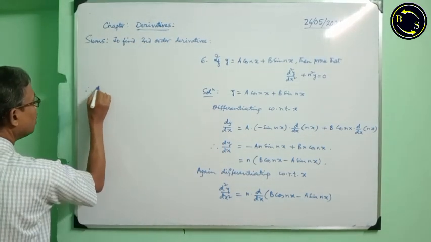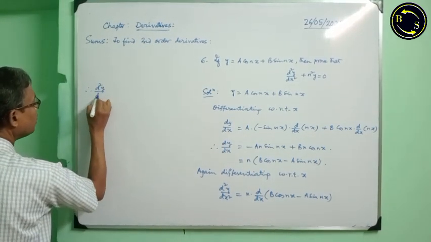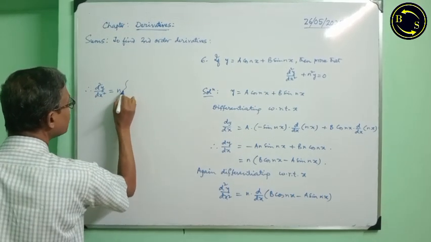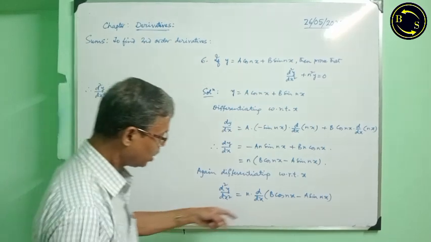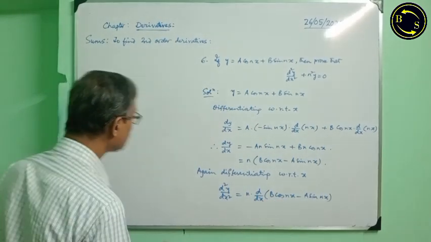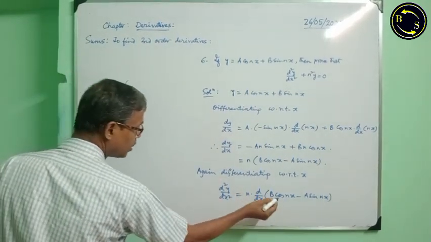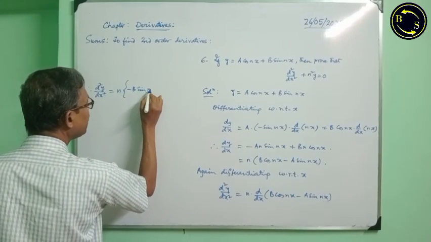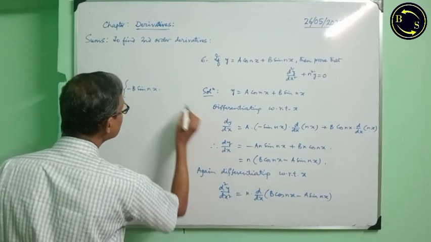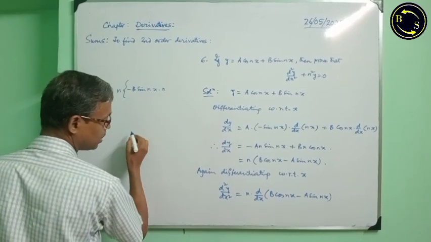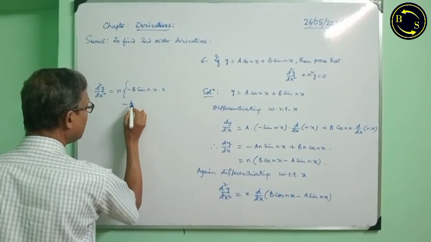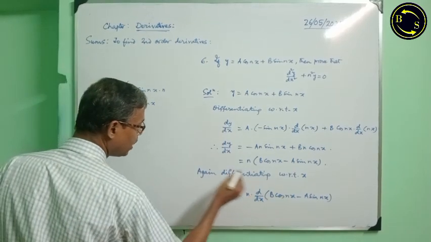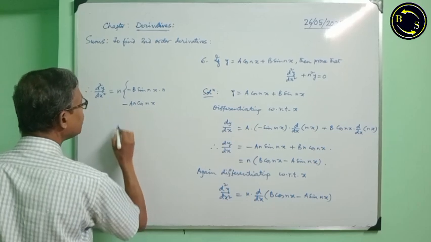Therefore d²y/dx² is equal to n times the derivative of b cos nx, b constant. Since there is cos, it will be minus b sin nx into the derivative of nx, equal to n, minus a cos nx; the derivative of nx is n.